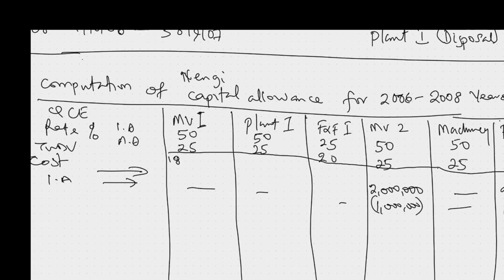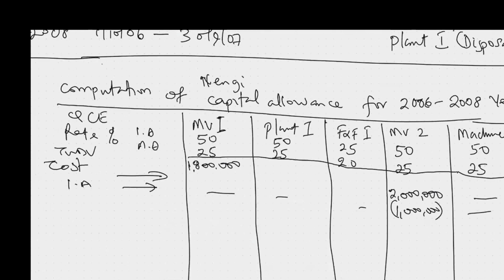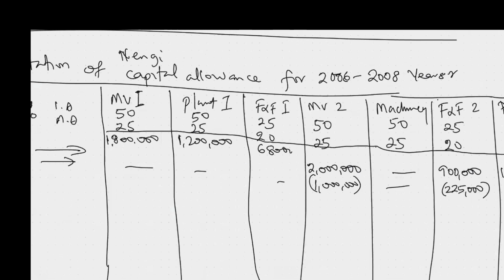Plants, we have 400, 1.2. I'll bring it in first. And the next one is 680. There is no tax original value for this one.